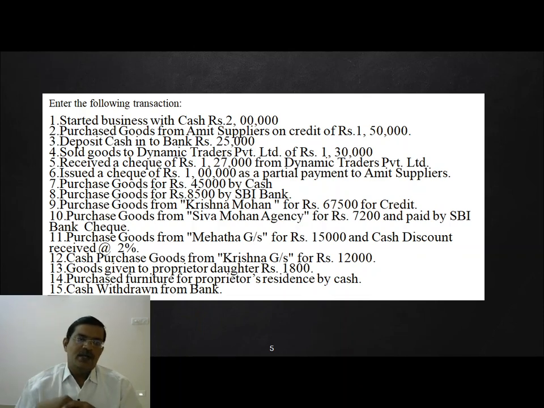Received a cheque of rupees 1,27,000 from Dinesh Traders Private Limited, and issued a cheque of 1 lakh as partial payment to Amit Supplies. So like we are using purchase and sales, I will show you how to do all these entries in my presentation.